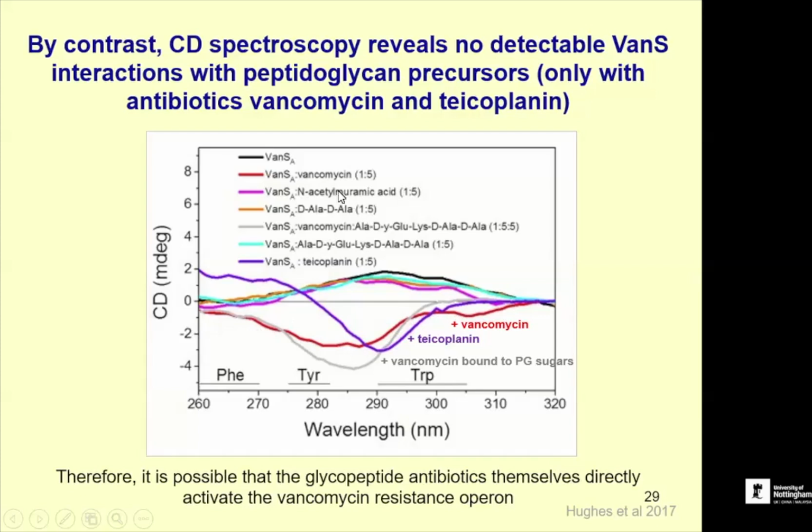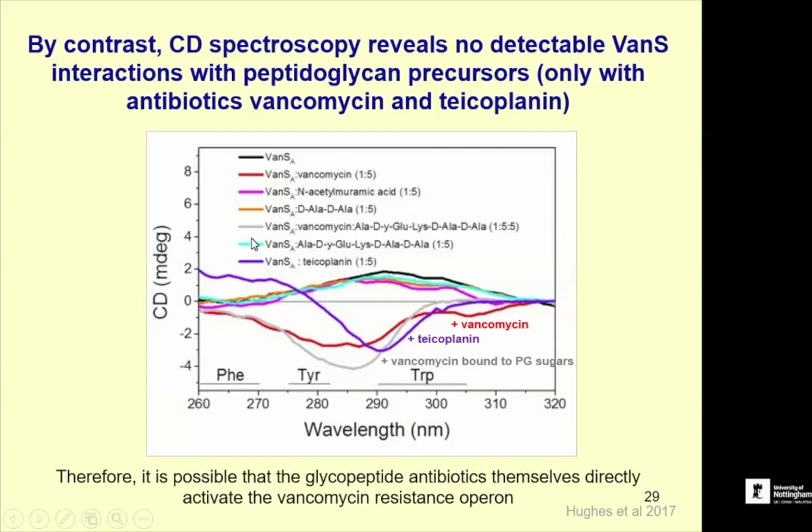But if you use some of these peptidoglycan precursors, part of the peptidoglycan, they do not change significantly from the control. And it's only when you've got a glycopeptide present in these different spectra that you see this drop and this characteristic sign of binding.